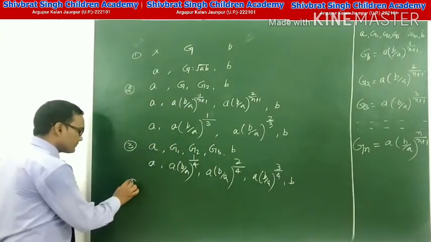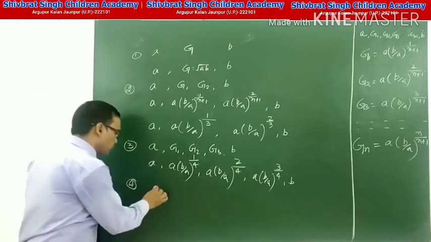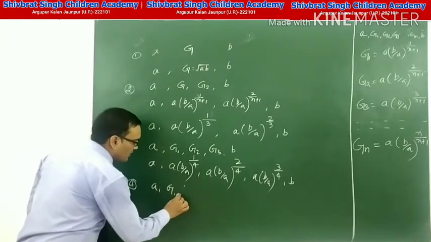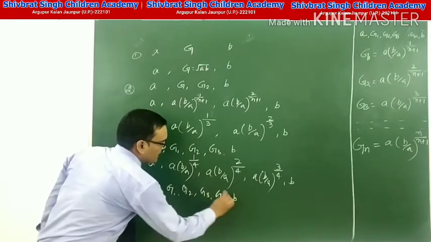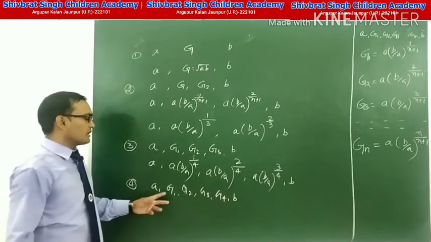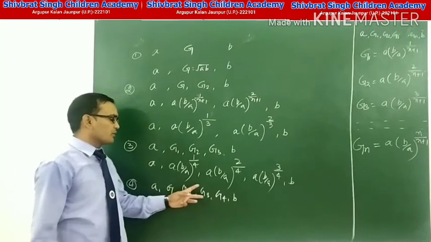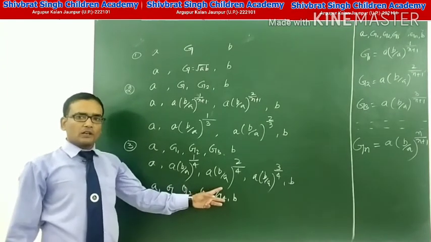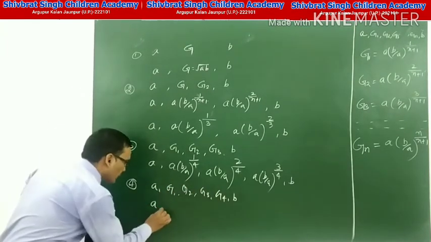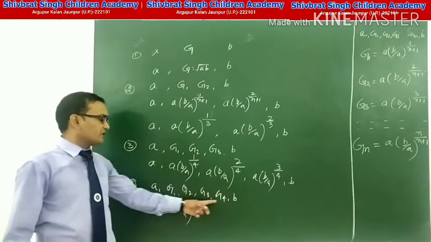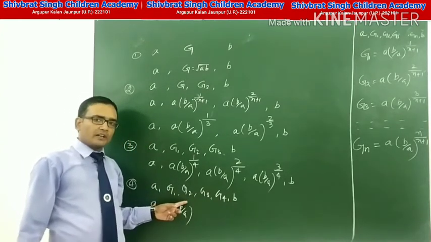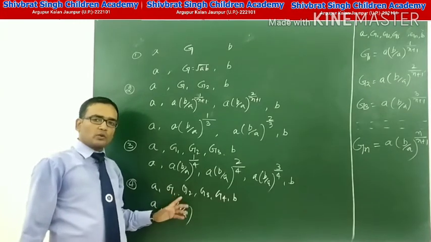Similarly, we can insert four geometric means between A and B. Here we have G1, G2, G3 and G4, each of the form A (B upon A) to the power something. Here, how many geometric means? Four geometric means, so put the value of n equal to 4.